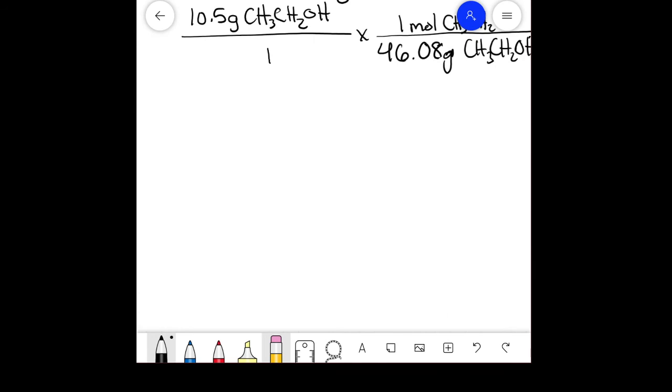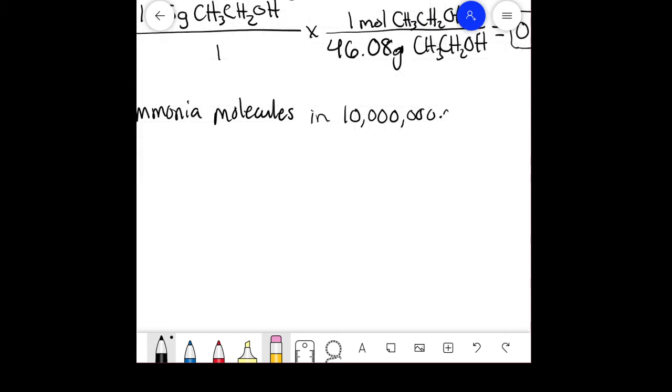Say, how many ammonia molecules are in, I think this is 10 million grams of ammonia, which is NH3.